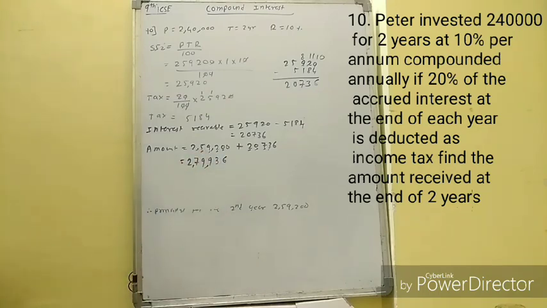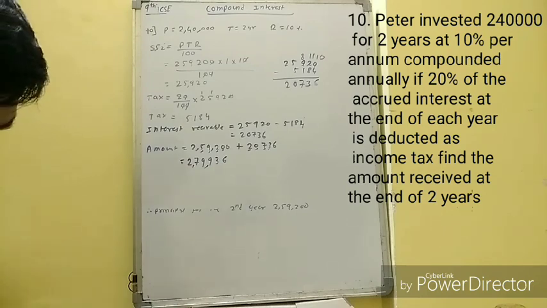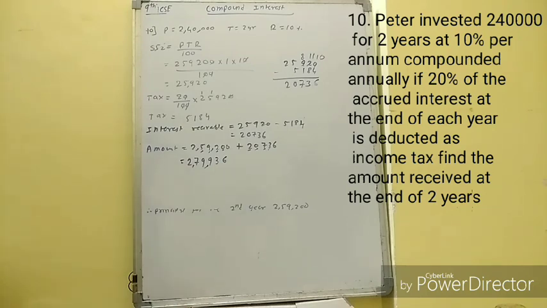So it is 2,79,936. Let me check it. Okay, so this was the amount, and that is the question: what is the amount you are going to get at the end of 2 years after paying 20% tax each year. Okay.